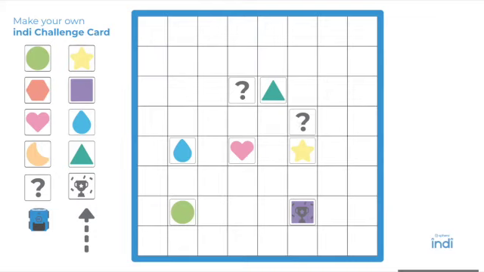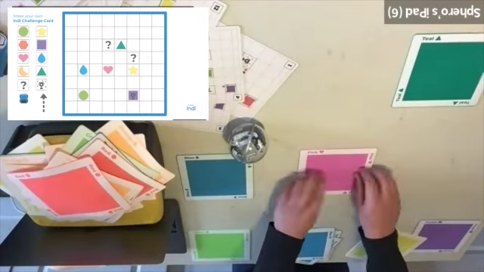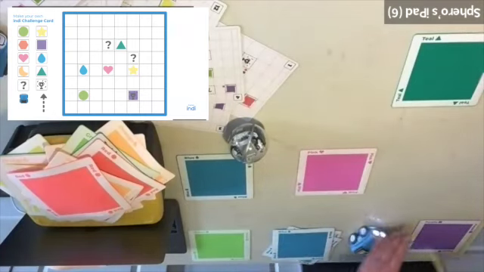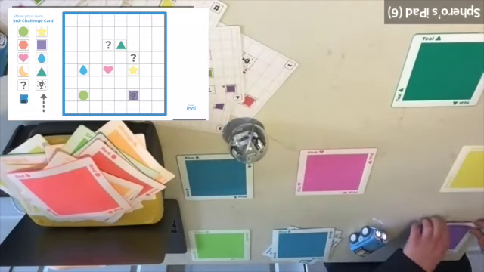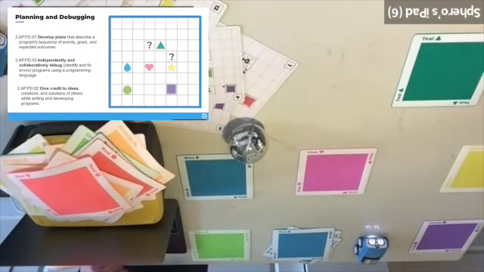We have a blue one, a pink one, a mystery one that we don't know, a teal, and a yellow too. So that's what we know, that's what we have.